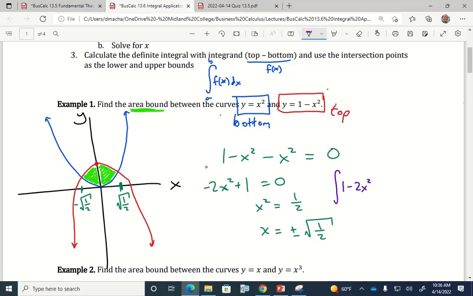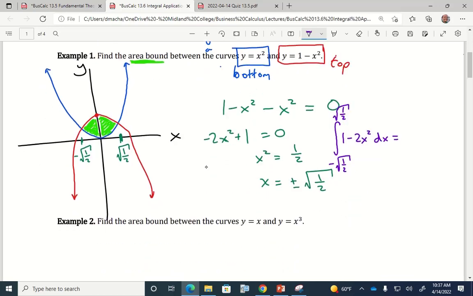That's the top function minus my bottom function, red minus blue. But I'm going to use the intersection points as the lower bound and the upper bound. So my lower bound will be negative square root of half, and my upper bound is going to be positive square root of half, like that.